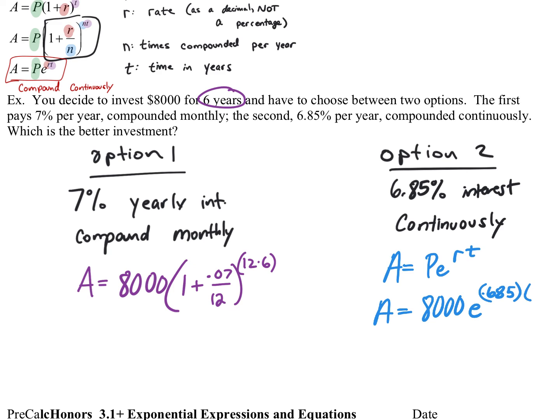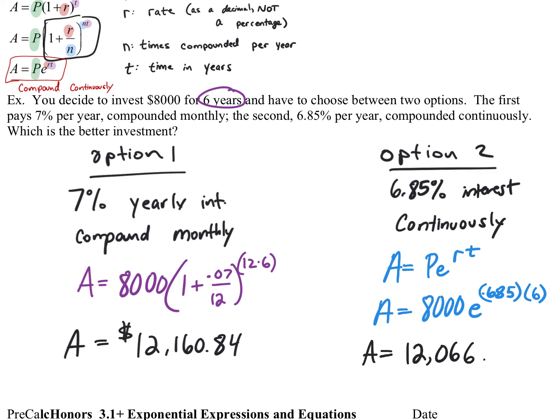This quantity will be multiplied by 6. So if you want to calculate these, you can plug these directly into your calculator. And what we find is the amount on option 1 is $12,160.84. And on option 2, we get $12,066.60.